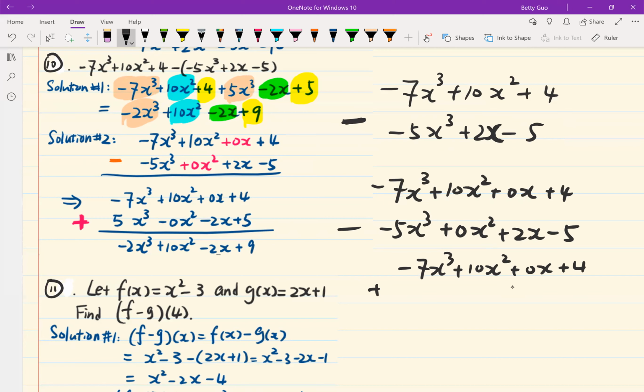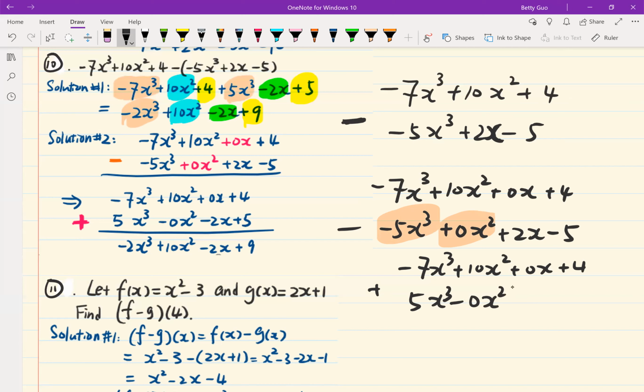For the second polynomial, we are going to write the terms as their opposite. -5x cubed, we're going to write that as +5x cubed. 0x squared, we're going to write that as -0x squared.